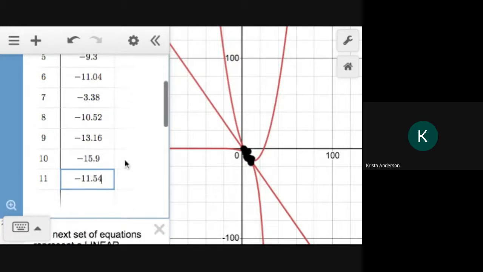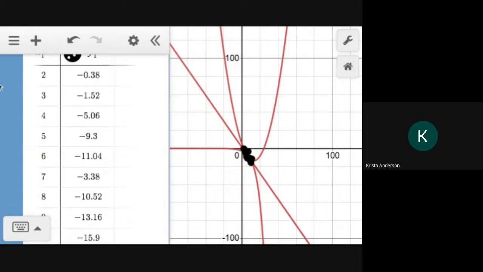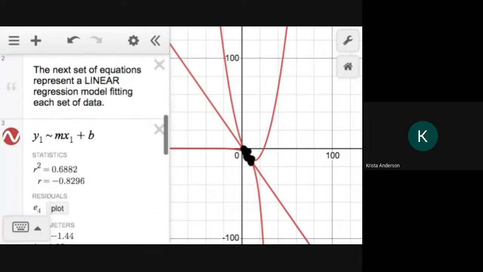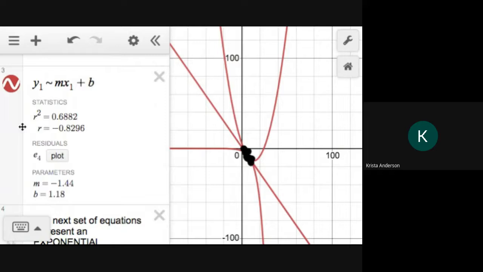All right, so I have all of my data entered in from the table on our notes from question B. I then scroll down, and I'm going to copy this information onto my assignment.